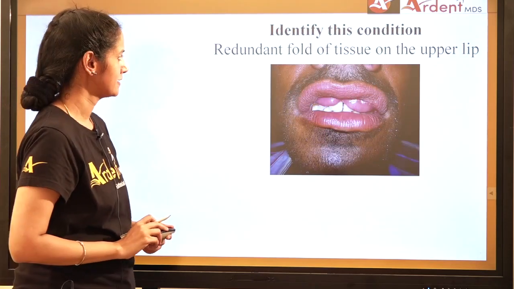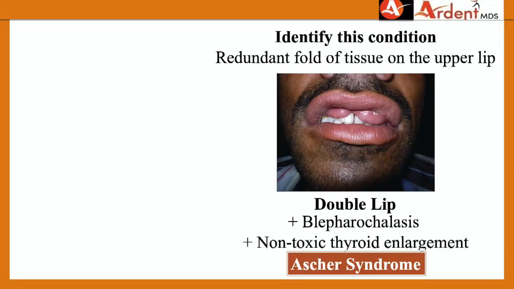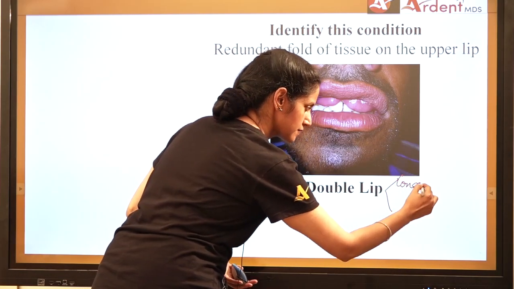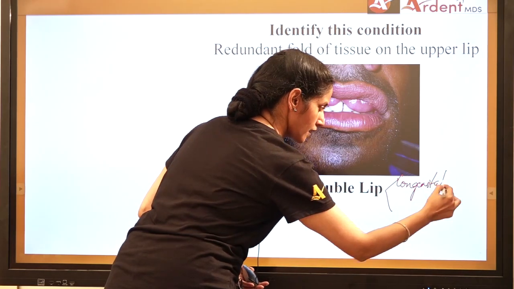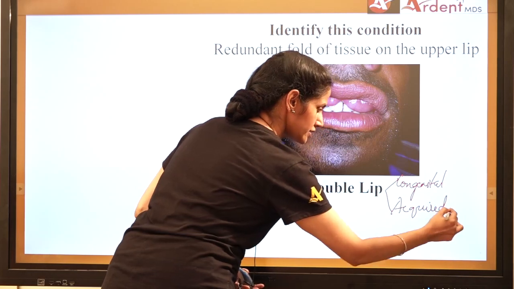What is this then? There is a redundant fold of tissue on the upper lip. This is nothing but double lip. Double lip could be formed because of a congenital cause, or it could be because of an acquired cause.